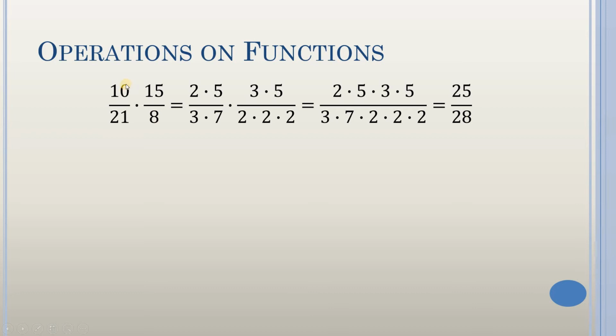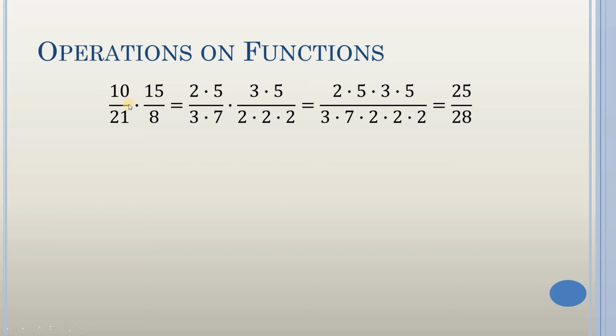Our first fraction is 10 over 21. The second fraction is 15 over 8. The operation is multiplication. The prime factors of 10 are 2 times 5.